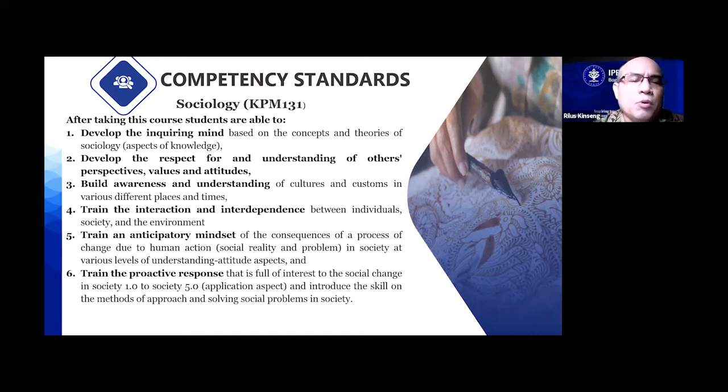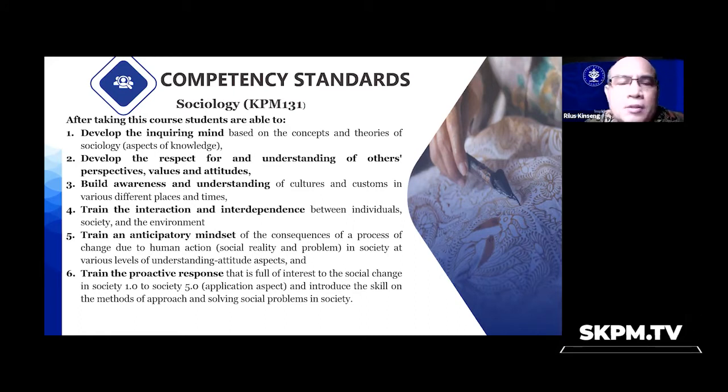So meaning we want to help you develop your capacity in the interaction and interdependence between individuals, society, and the environment, because each one of us actually cannot live alone. We need others. We are social beings, and also we are very much dependent on our environment.